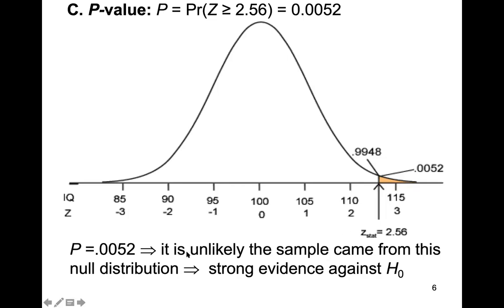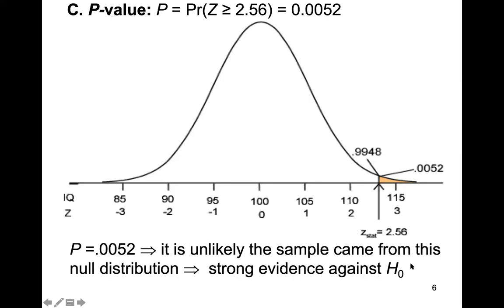Bakın burası önemli. This 0.0052 means it is unlikely this sample came from this null distribution. This is my null distribution, where the mean is 100 and the standard deviation is 15, and I'm finding a z value of 2.56, and I find my p-value, the probability value. This probability value is very low. So I have strong evidence against H0, right?